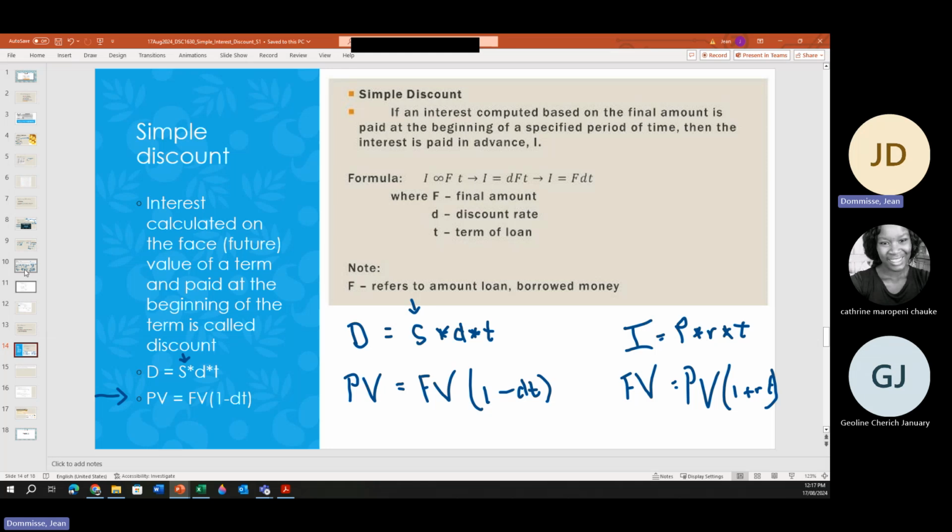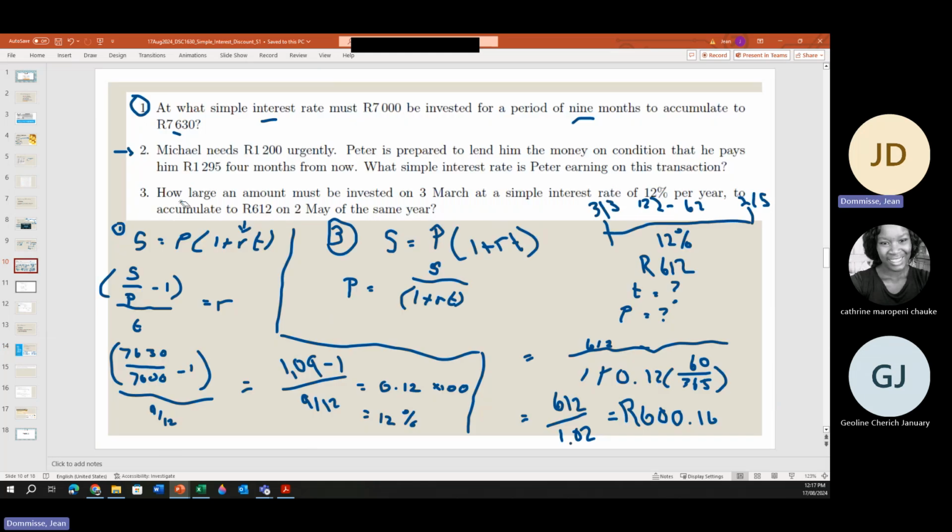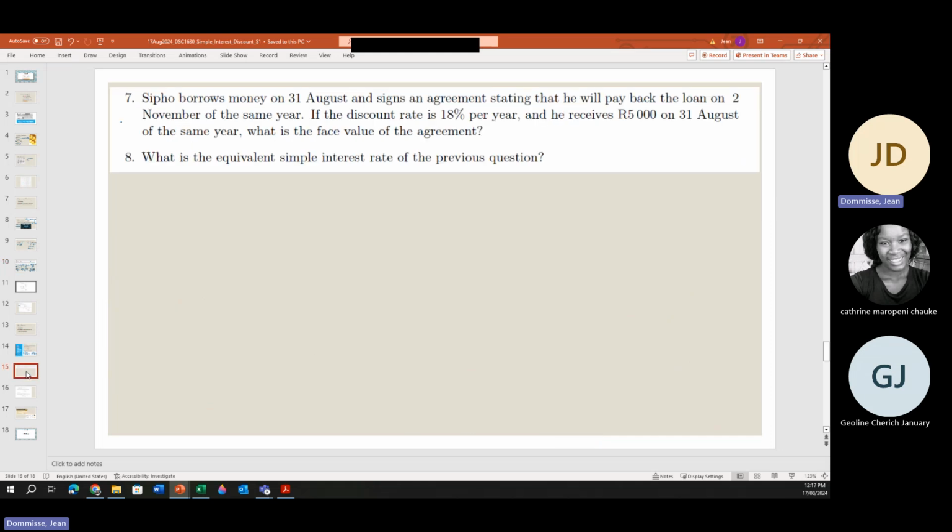It will be something like this in question 3, where they will bring it in. So let's see if they've done something like that in question 7 as well. So let's quickly see. Question 7: Sipho borrows money on the 31st of August and signs an agreement stating that he will pay back the loan on 2 November.